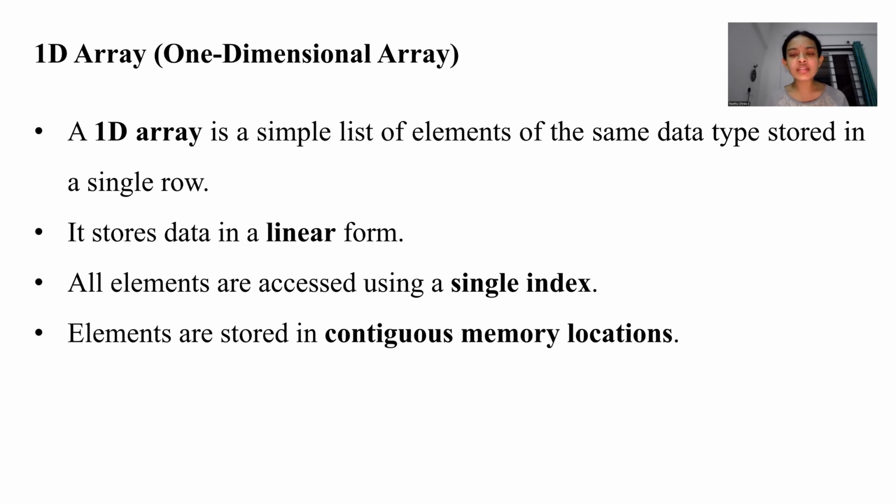So how can you access the elements in the array? There will be a number of elements of the same data type stored in a single variable. That is nothing but an array, and also a 1D array. You can access the elements using a single index, as I told. If there are 5 elements, the index starts with 0 and the last index ends with n minus 1 where n is 5, so 5 minus 1 is 4.